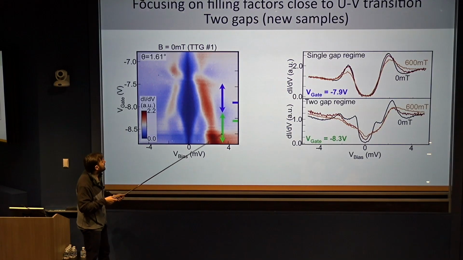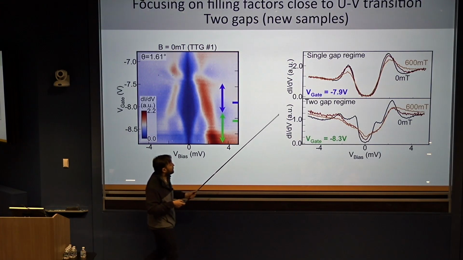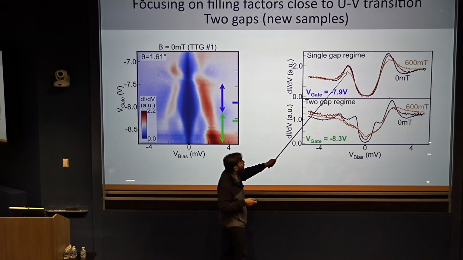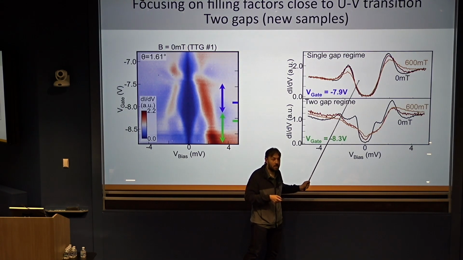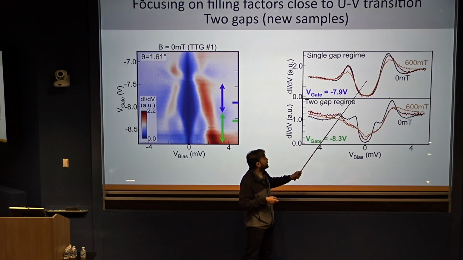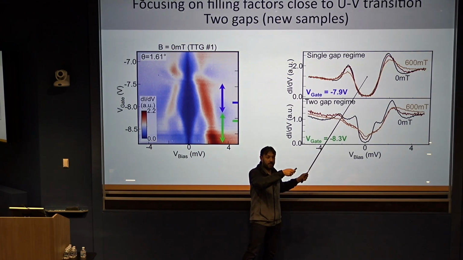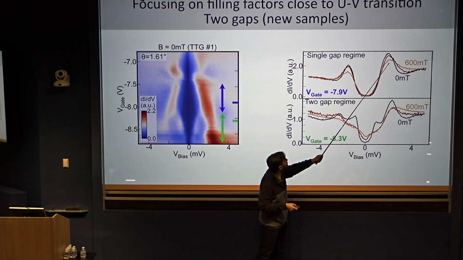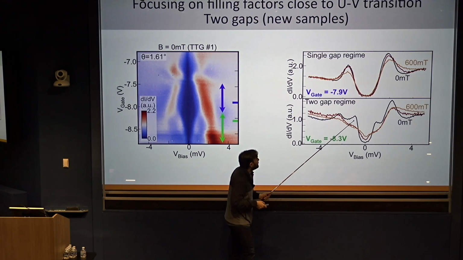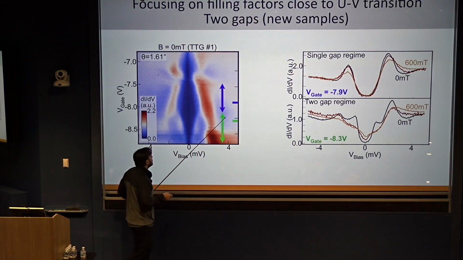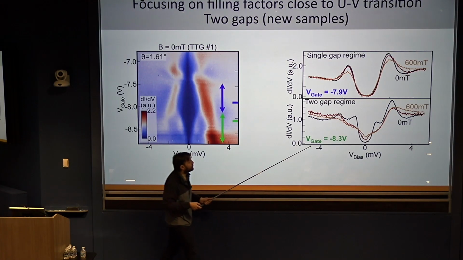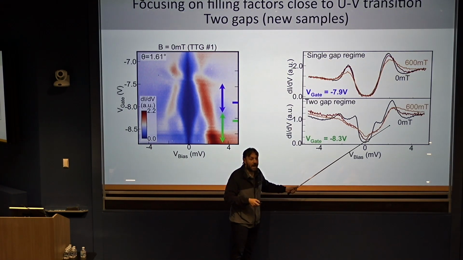And the idea is that in a certain range of doping, if you are here somewhere, you still see this one big gap, okay? And this is superconducting, as verified by Andreev reflection. I'll show you that. If you apply magnetic field, you don't see much. But in this region, where you're at slightly larger filling, you can actually resolve two different gaps.